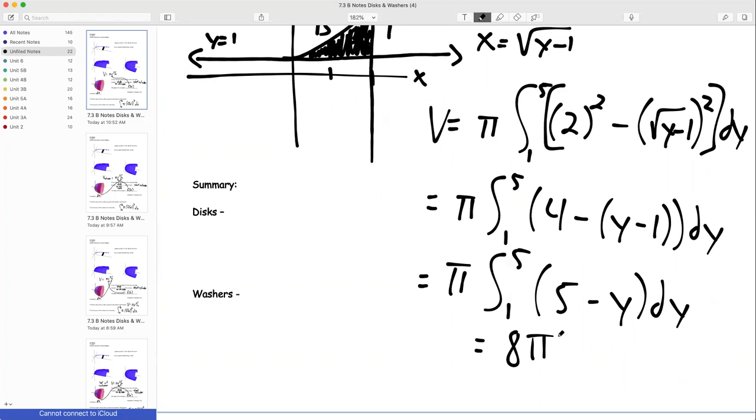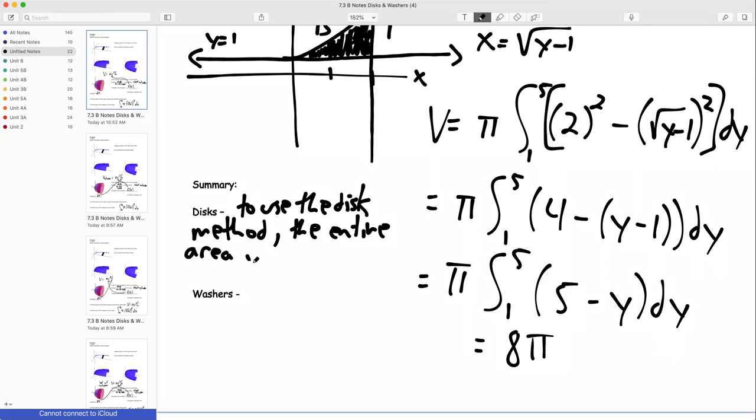Okay, so final thing, just a little summary. Disk: to use the disk method, the entire area being rotated must be flush against the axis being rotated.